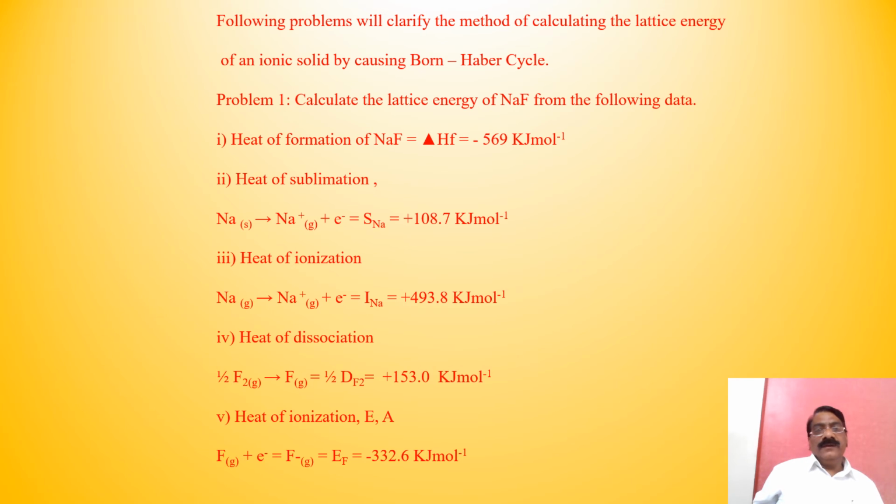Fourth, heat of dissociation, half F2 gas is converted to gaseous F, so half D_F2 is equal to plus 153.0 kilojoule per mole. Fifth, heat of ionization E, gaseous F plus 1 electron gives gaseous F minus, E_F is equal to minus 332.6 kilojoule per mole.